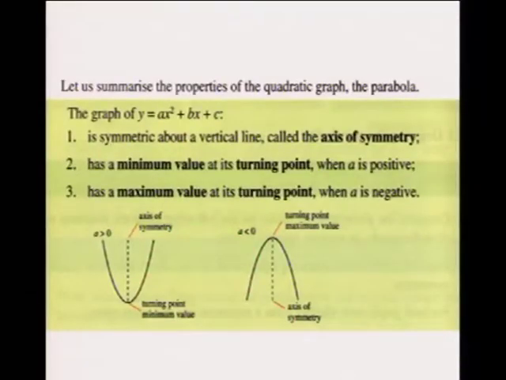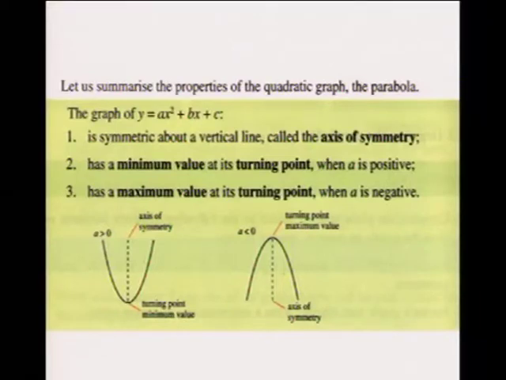Let us summarize the properties of the quadratic graph, the parabola. There you see the formula, ax squared plus bx plus c. It is symmetrical about a vertical line, and we call it the axis of symmetry. It has a minimum value at its turning point when a is positive.